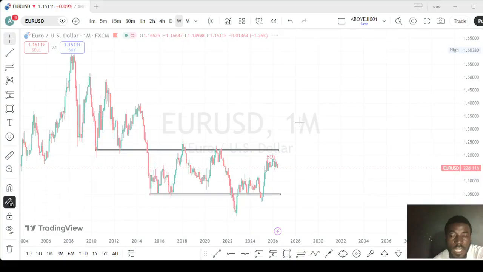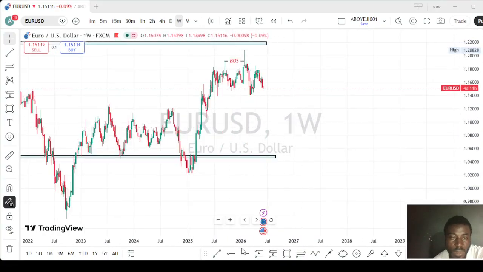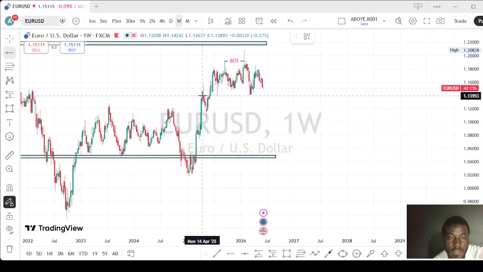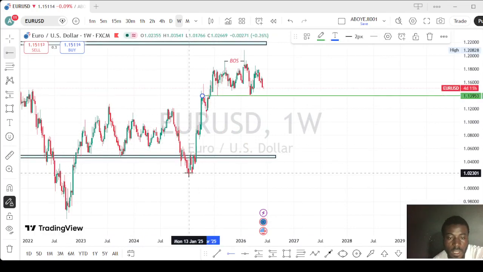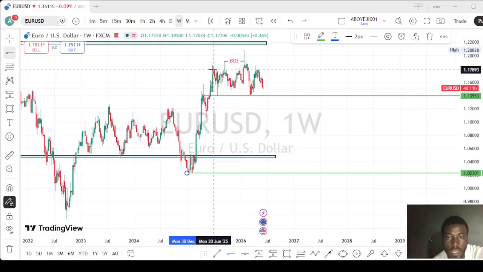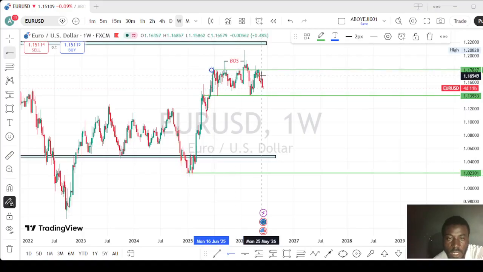Let's move to the daily time frame. This is our daily time frame. Like I said, these are key levels here. These are key levels, and these are key levels here also. Oh yes, these are key levels here also, because the market has tested it again.